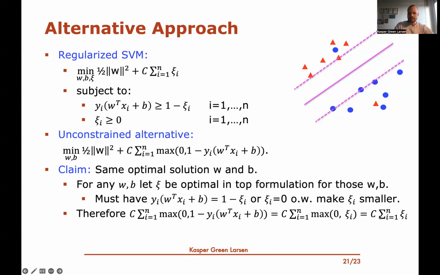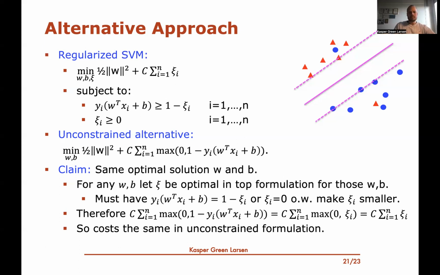So this is exactly the same as C times the sum of the psi i's, which means the cost up here is exactly the same as the cost down here in the unconstrained version. For any fixed w and b, if I choose the optimal corresponding psi in the top formulation, I get the same cost as in the unconstrained alternative. So of course, these two optimization problems have the same optimal w and b. The costs are the same.